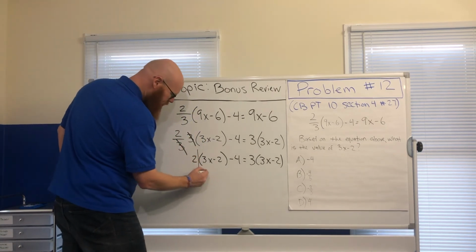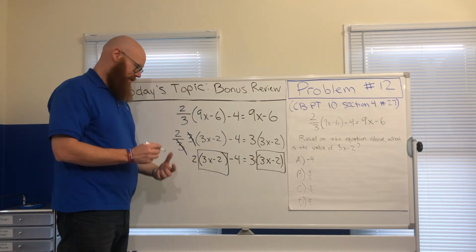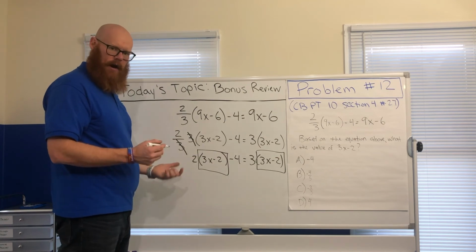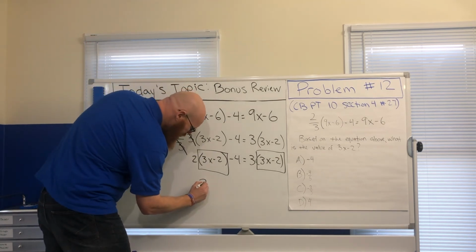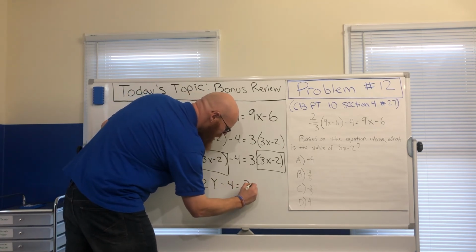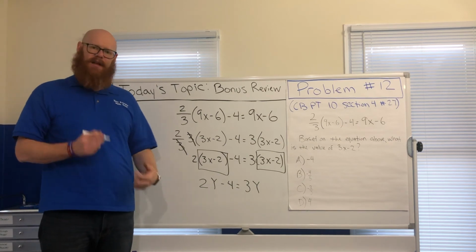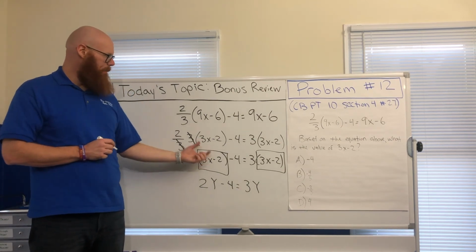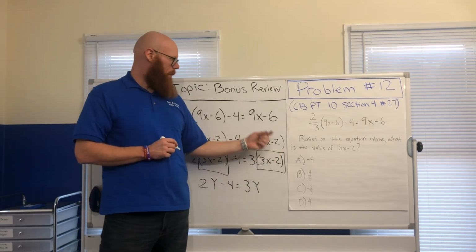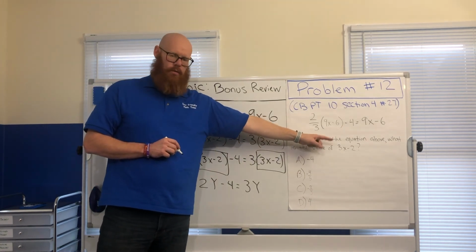So let's look at this 3x minus 2 as its own entity. Let's just call it another variable. I'm going to call it y. So this is like 2y minus 4 equals 3y. And when you look at it that way, you might see, oh wow, that's a lot easier. I made this 3x minus 2 by factoring out a 3 from each of these, only because I knew that's what we were looking for.